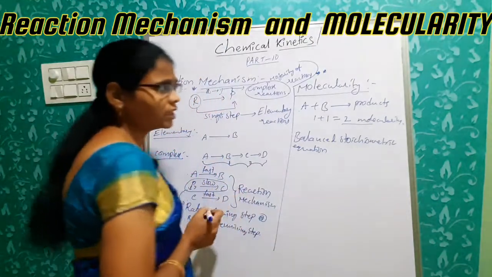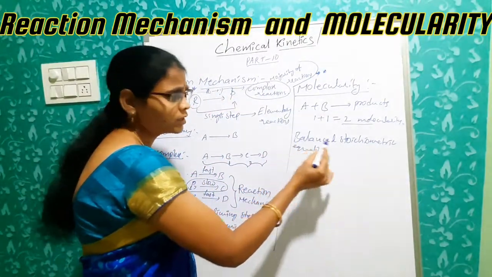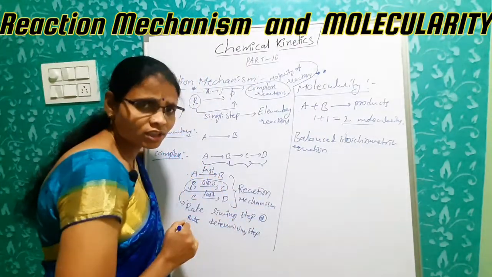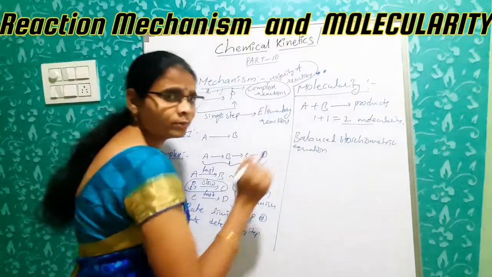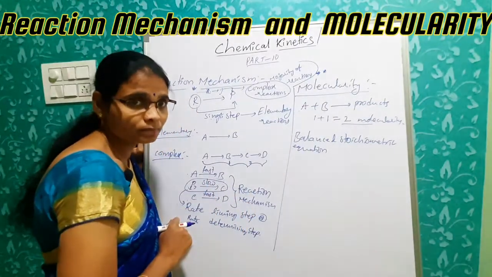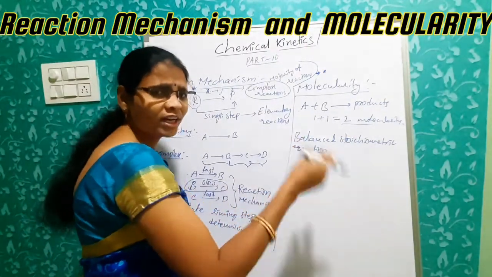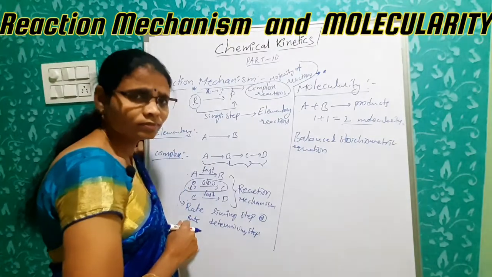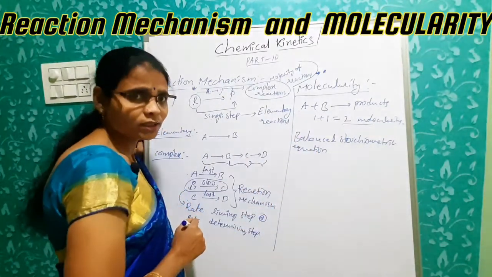So the number of atoms present in a balanced stoichiometric equation, that is an elementary reaction. For a complex reaction, that is the slow step or rate determining step. Simply, the molecules involved in that step collide with each other to give products. So that is simply the molecularity of that reaction.